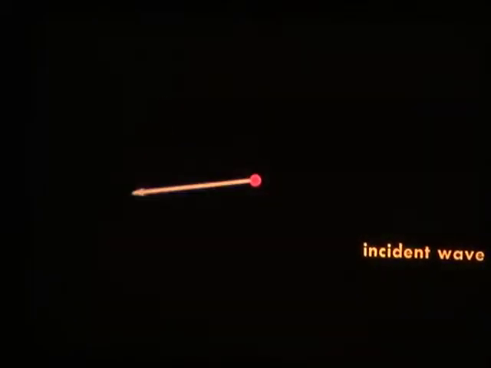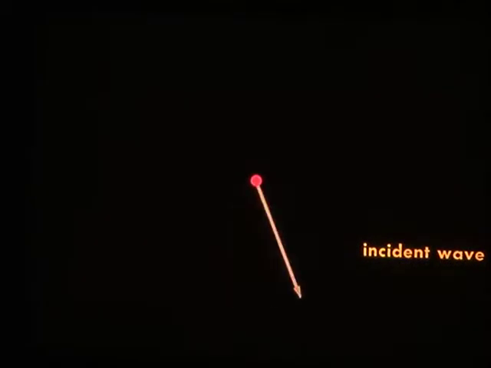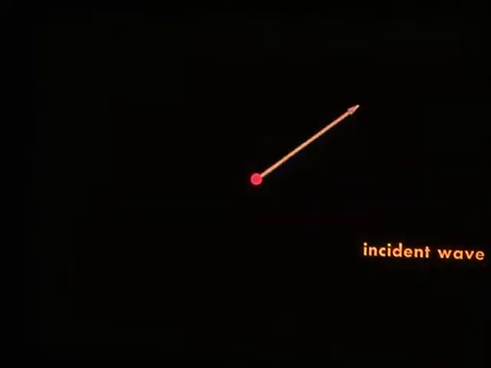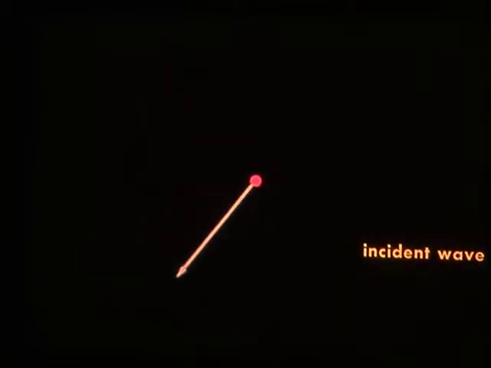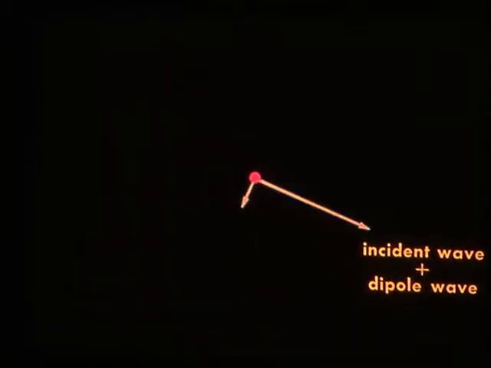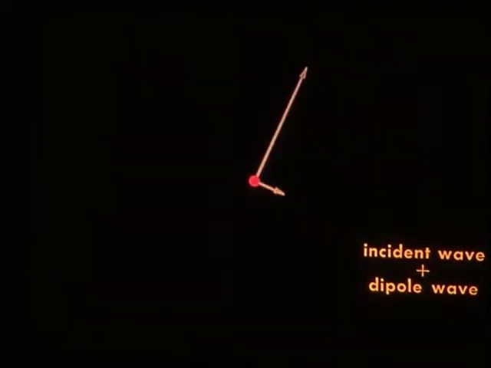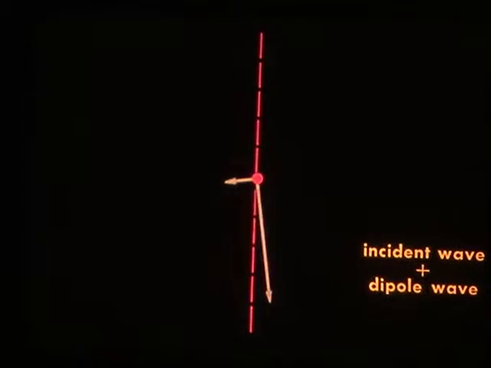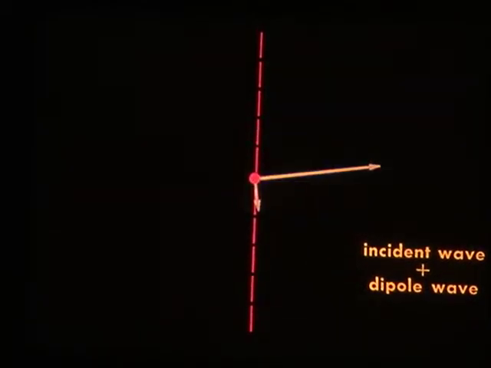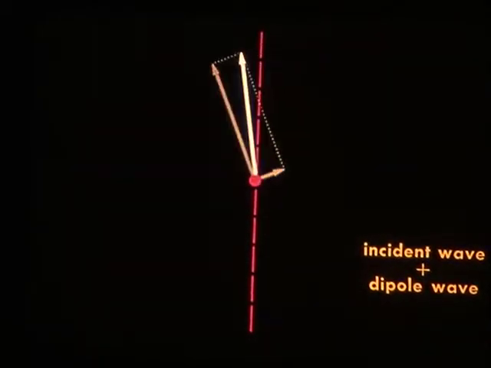Now, in addition, the dipoles in the layer radiate forward. And as we told you earlier, the composite wave from all the dipoles in the layer lags behind the incident wave by exactly 90 degrees. The superposition of the two waves is the projection on the red vertical line of the rotating resultant.